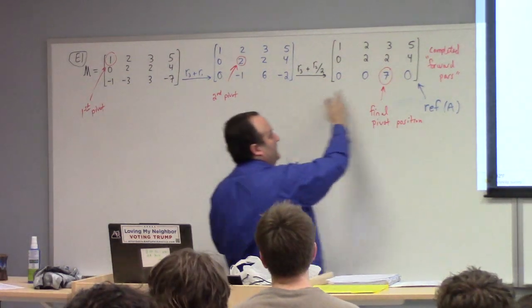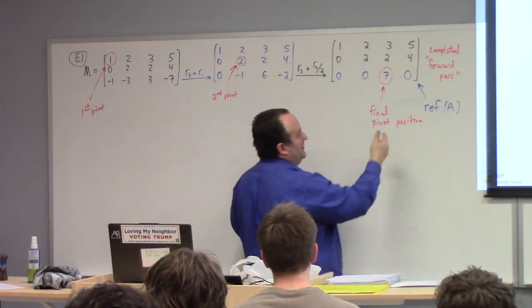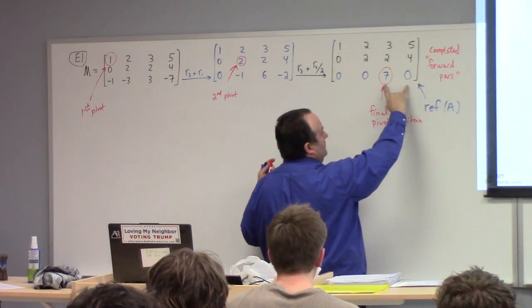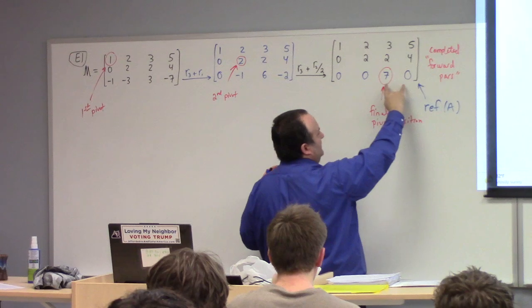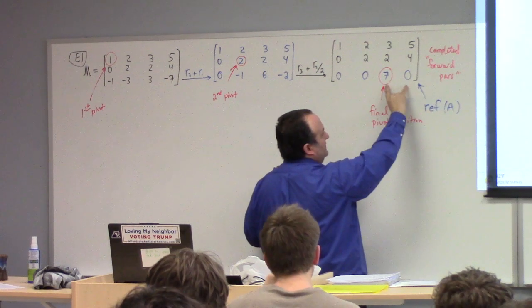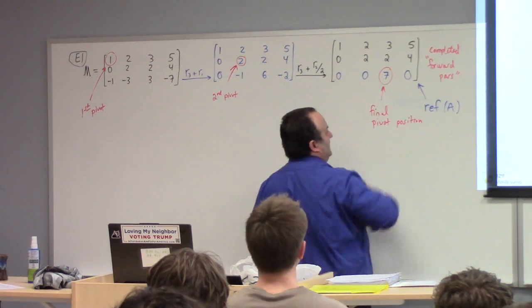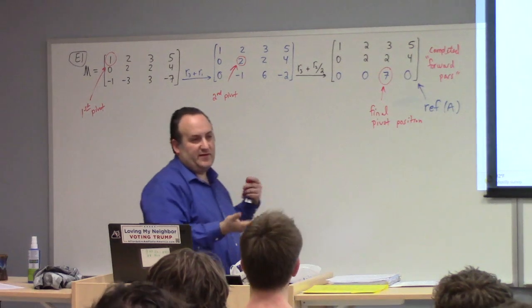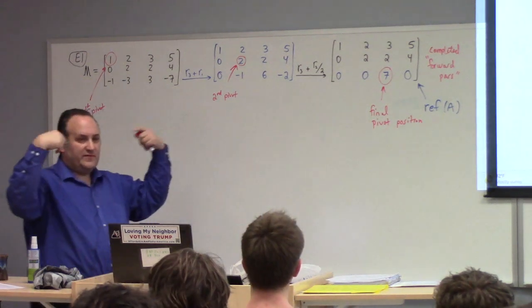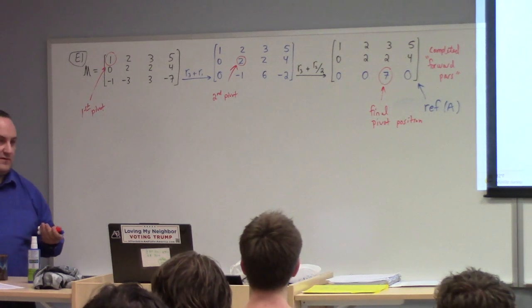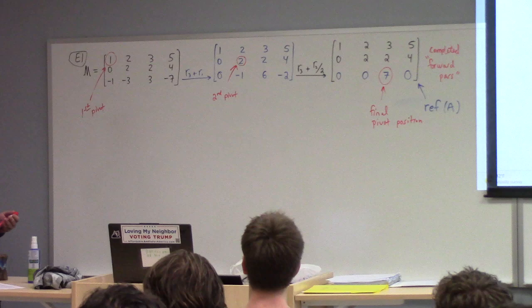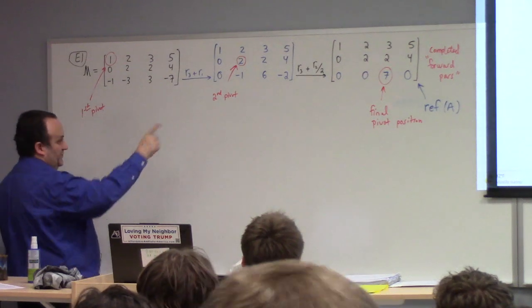Because if you think of this as a matrix of a system of equations, like this last row would be very easy to solve. It would be something like, if this is the augmented coefficient matrix of some system, then this last row here would be like 7z equals 0, which gives us z equal to 0. Then you could go to the row above and solve it. We could do back substitution. REF allows us to quickly do back substitution. It's very useful. But let's continue with step 5.